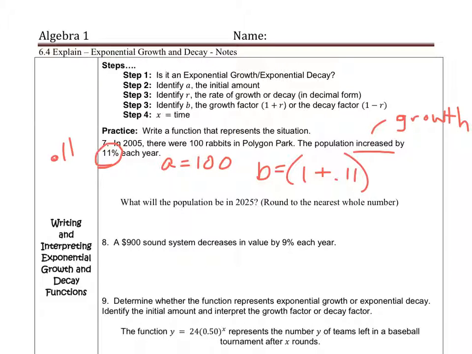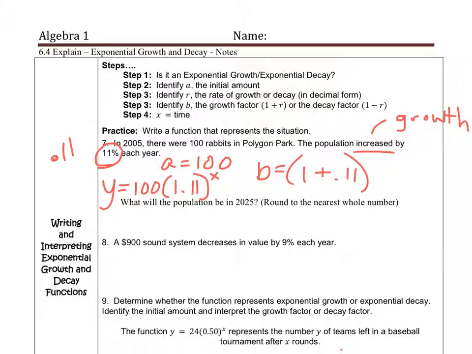So when we put the whole thing into the equation, we've got y equals 100 parentheses 1.11 close parentheses raised to the power of x. So now we can put that into our calculator and we can figure out what the population will be in 2025.